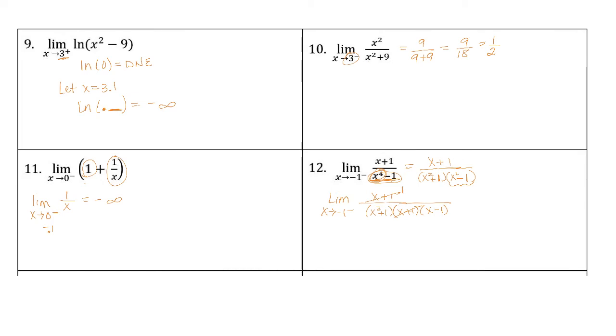Let's try to replug in -1. When I do that, I have 1 on top. First parentheses, I'm going to get a 2 because -1 squared is +1. And then I'm going to plug in -1 here, and I'm going to get a -2. So I'm going to end up with -1/4. All right, so let's continue on.